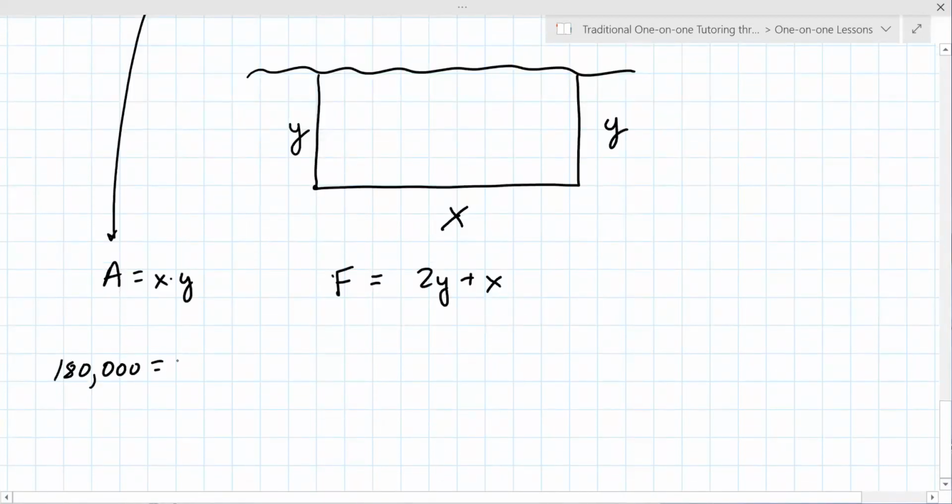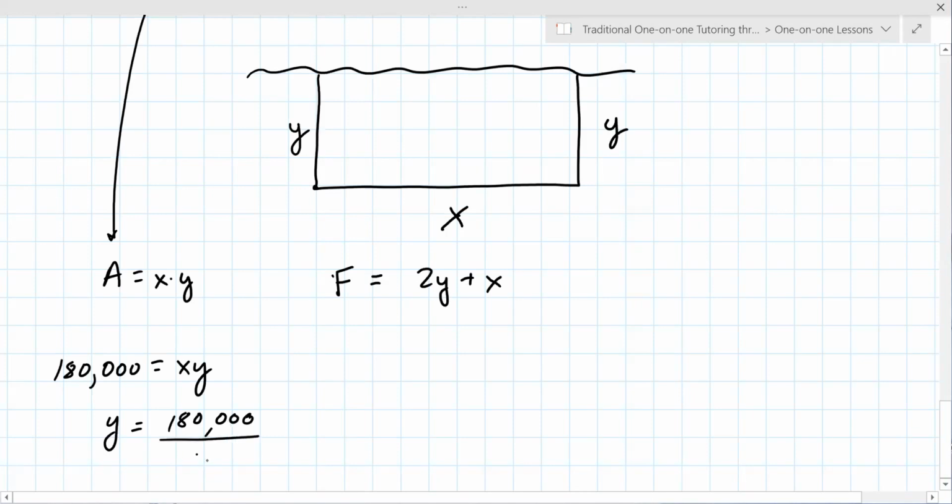I said before, you're going to write two equations. You're going to substitute the non-optimization equation into the other. So you need to solve this for either X or Y. In general, you solve it for Y. There might be an occasion where you solve for X.